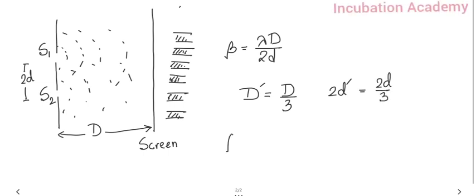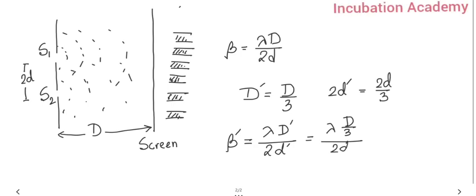If you calculate the fringe width, lambda D prime divided by 2d prime, the numerator and the denominator are reduced by the same amount. So it remains the same.